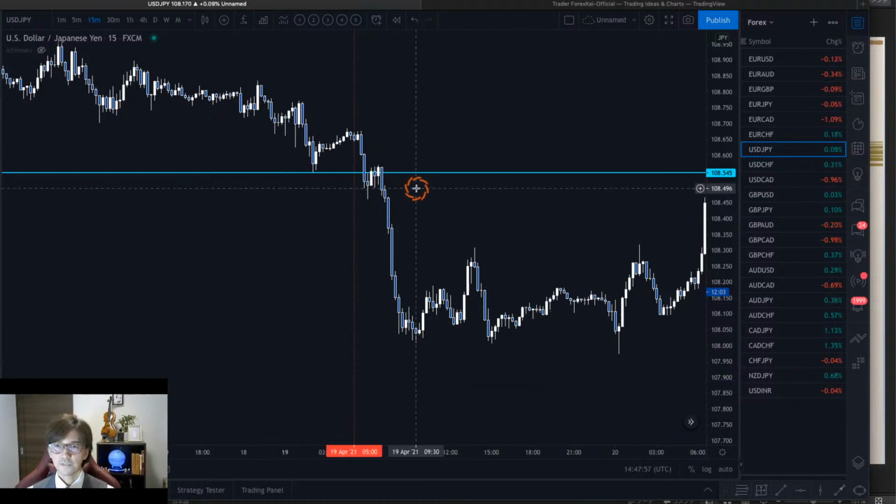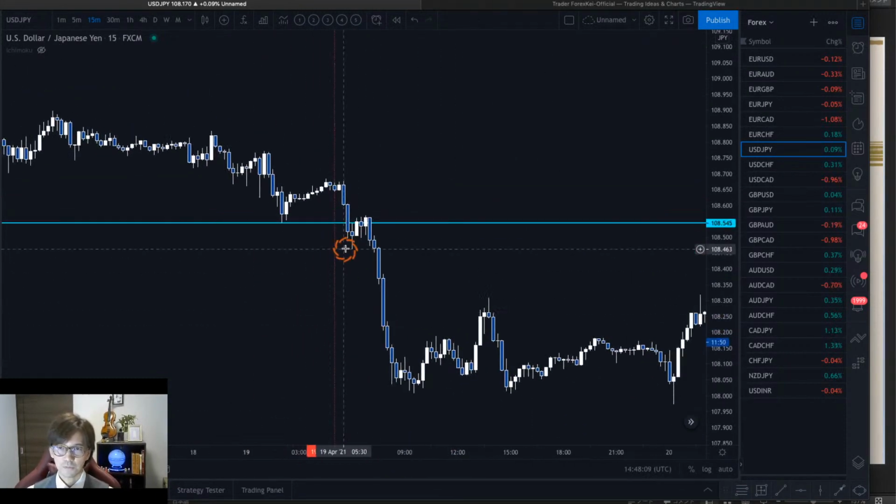So this is the 15-minute chart. In the forward chart, there was one single bearish candle. But in the 15, you see a retest. In this case, a retest happens on the 15. So once it breaks this 108.54 level, after the breakout, it went backwards, retested and went bearish.